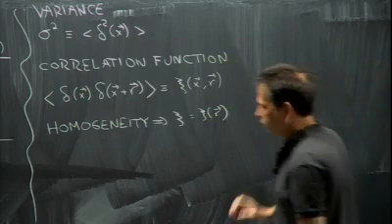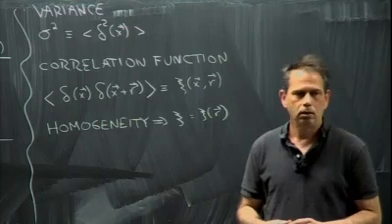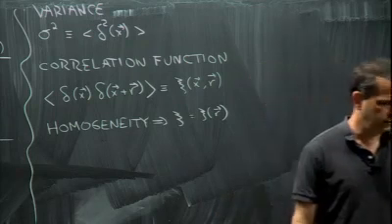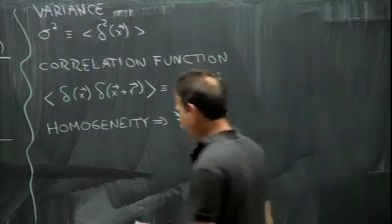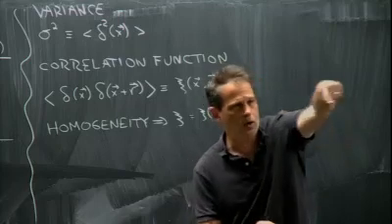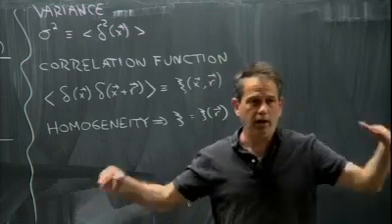Okay, so there's one. Homogeneity, not the translation invariance. I think it's the translation invariance. I think that's the same thing. Yeah, that's right. But there's another symmetry, and that is, if I'm sitting here, and I look at the overdensity in every region in the sphere around me, it should be isotropic.